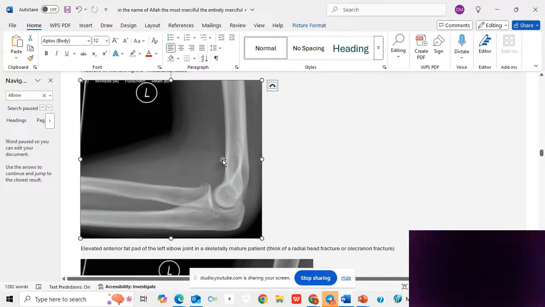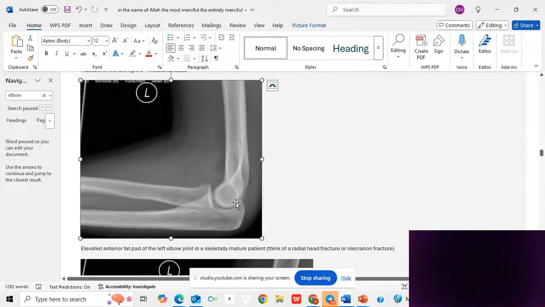The anterior fat pad is elevated, with a positive sail sign of the anterior fat pad. And the posterior fat pad, which is normally not seen, is seen here. So, elevated anterior fat pad of the left elbow joint in a skeletally mature patient.